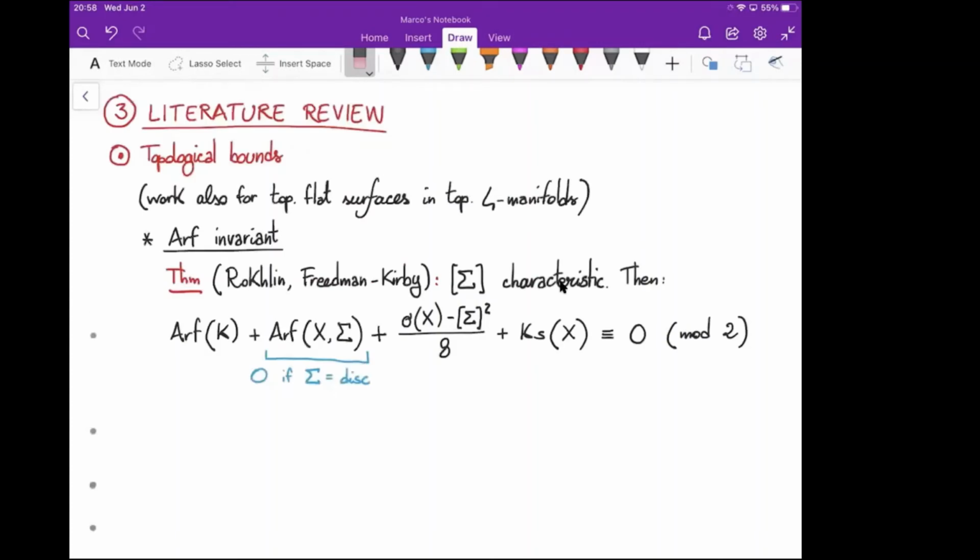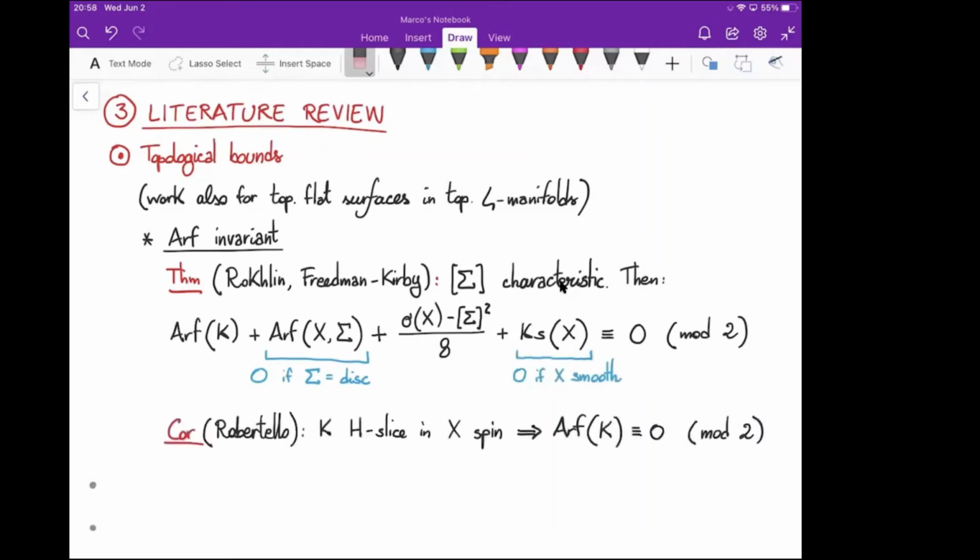Now I don't want to explain everything here, but the relative Arf invariant of X, sigma is 0 if sigma is a disk, and the Kirby-Siebenmann invariant is 0 if X admits a smooth structure. So for a particular case of a smooth spin four-manifold X, if a knot is H-slice in X, then the Arf invariant must be 0. And for instance, this gives you an obstruction to H-sliceness for S2 cross S2 or the K3 surface.